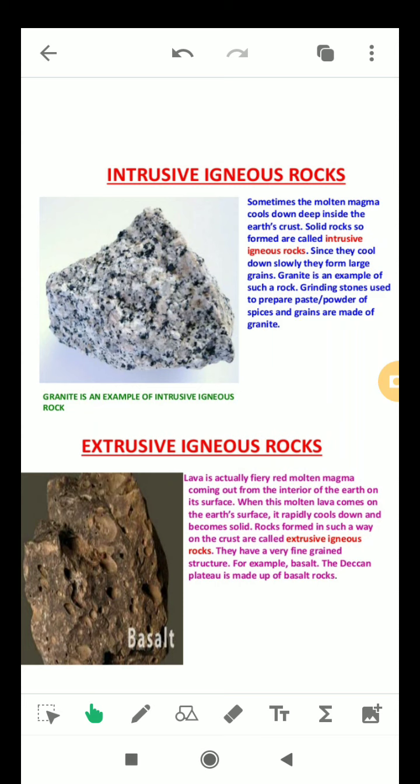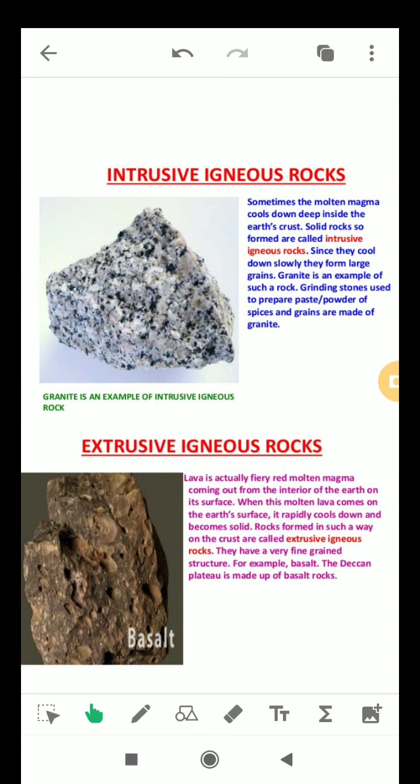So intrusive rocks are formed from magma that cools and solidifies within the crust of the planet. Next we have extrusive igneous rocks. Lava is actually fiery red molten magma coming out from the interior of the earth onto its surface. When this molten lava comes onto the earth's surface, it rapidly cools down and becomes solid.